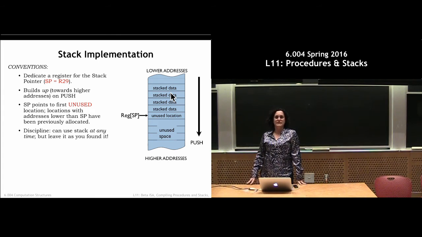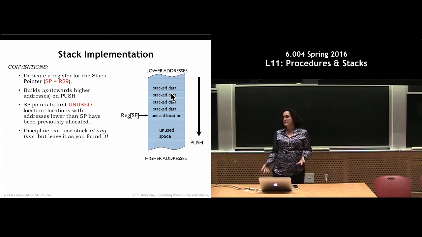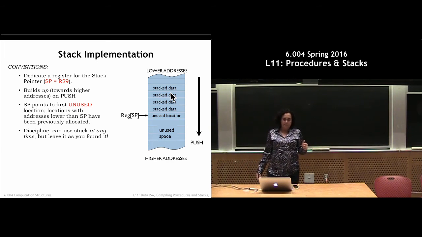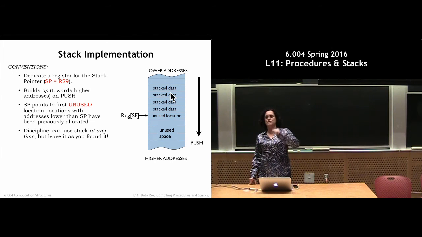One perfect example of this is if we run out of registers, and we'll go into detail and an example about that in a second. But the key thing is the stack essentially gives you additional storage that you otherwise didn't have available to you. And the one piece of discipline that you have to maintain is that you always have to return the stack exactly in the same state that you received it.